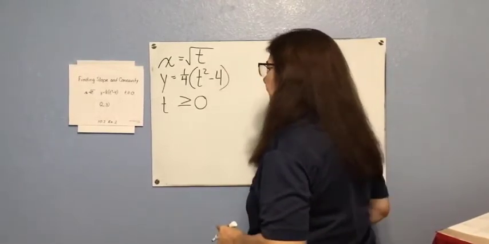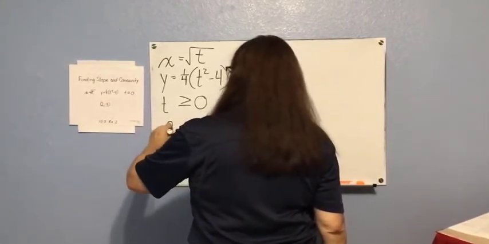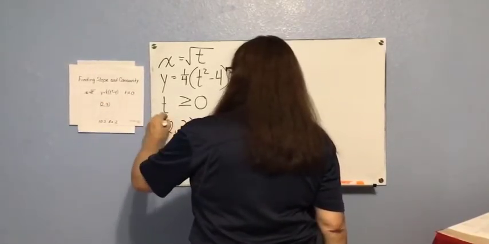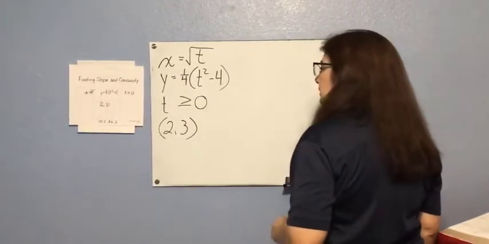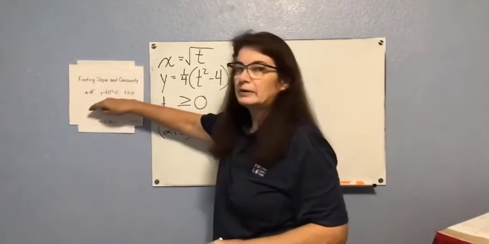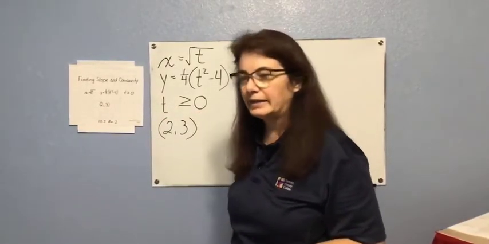The other thing that we're going to add now is we're going to look at 2, 3. This point is where we want to find our slope, and then we're going to take the second derivative and find the concavity at that point.